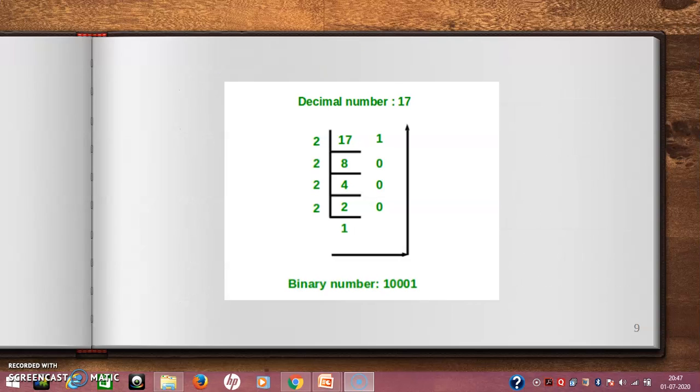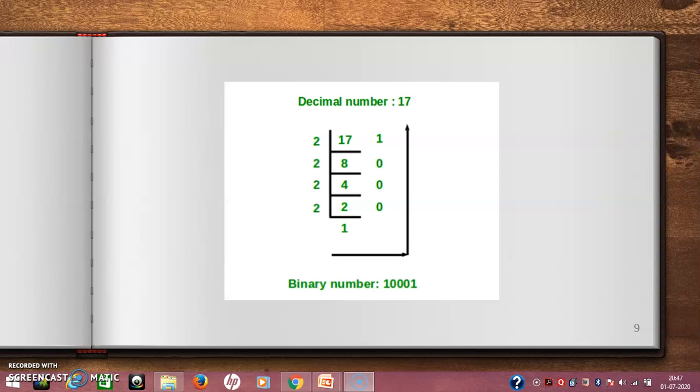This slide shows the conversion of a decimal number 17 into a binary number. How do we do that? When we need to convert a decimal number, we divide it by 2 and write on the right hand side the remainder of the division. And hence, when we divide 17 by 2, we get 1 as remainder.